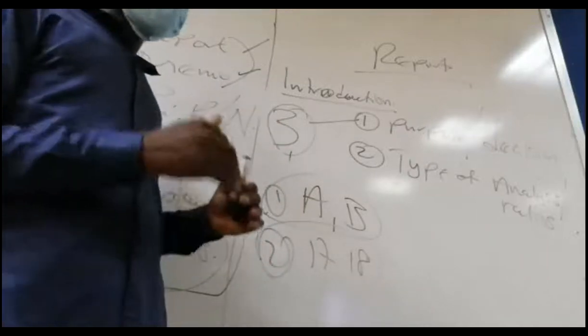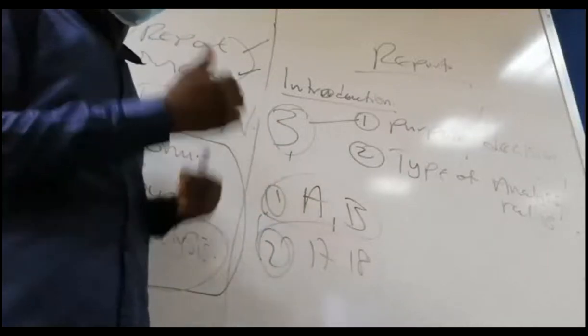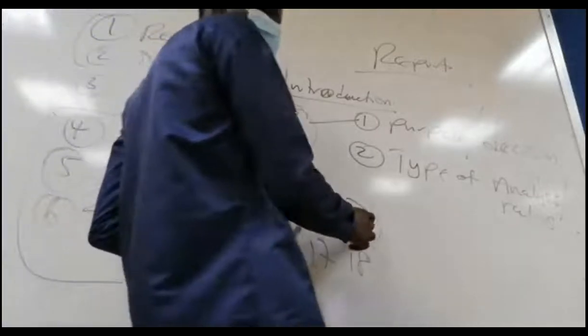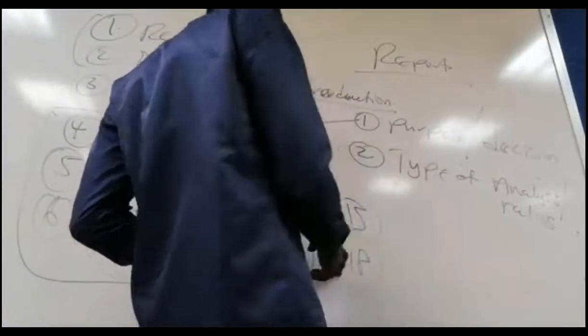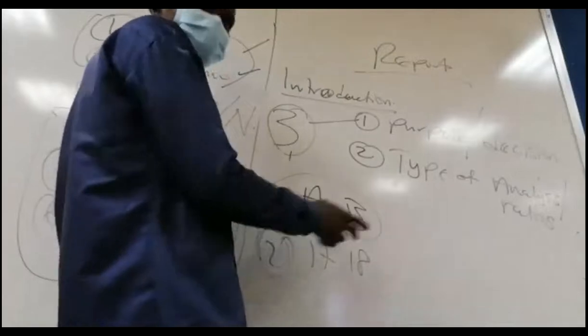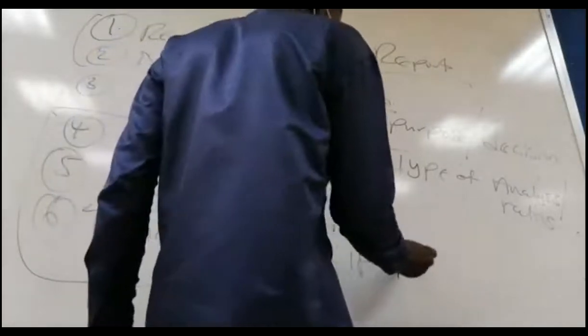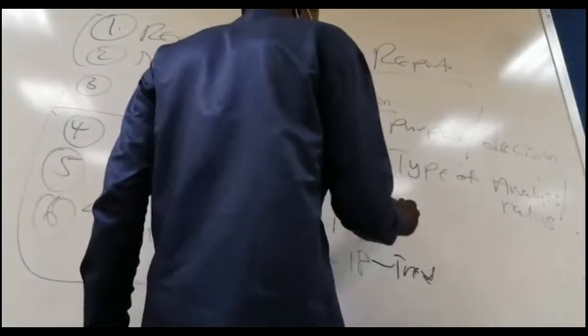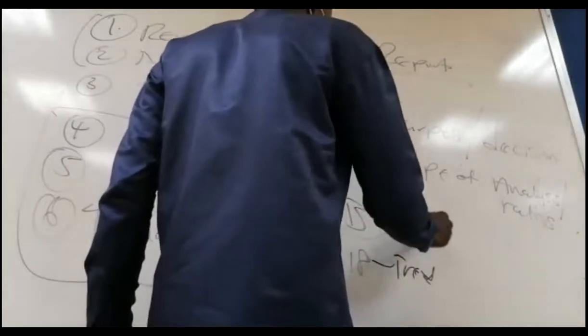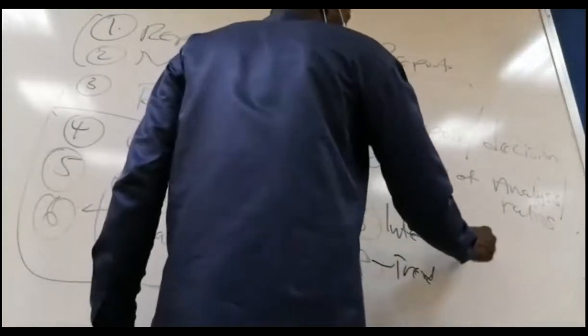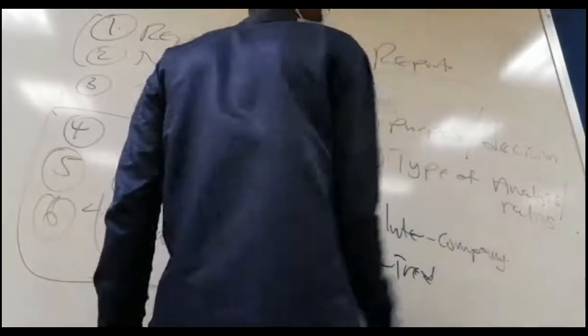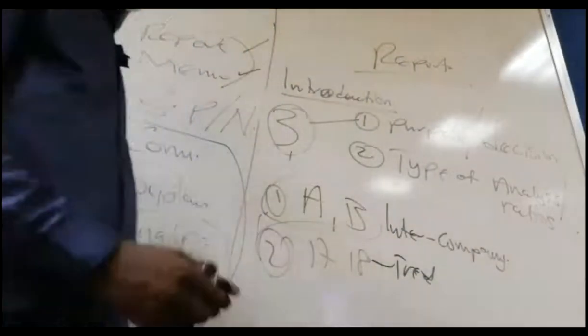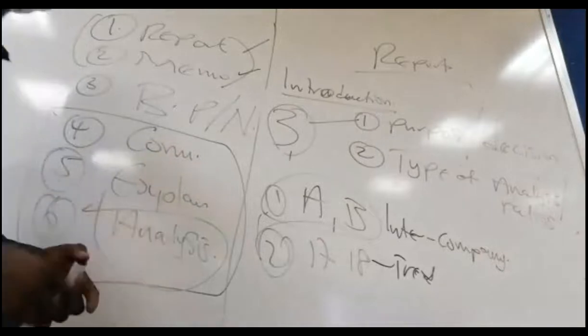If the question has two companies, that's intercompany comparison. If you're going to talk about just one company but different years, it's called trend. One of them will surely pop up in exams.